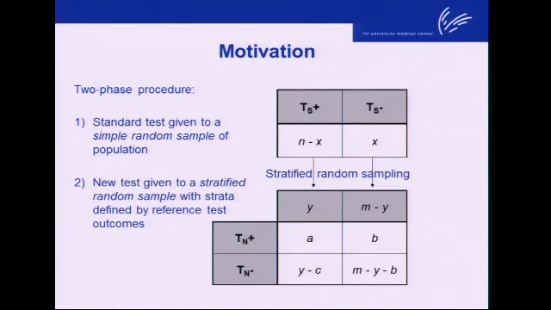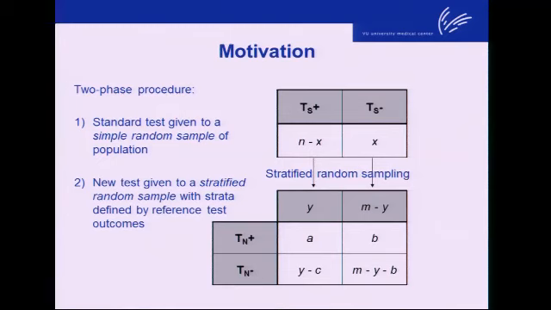So this leads us to a two-phase design, where we first have the data on the standard test, and then we use a stratified sampling approach to select the subjects or samples that are administered the new test.